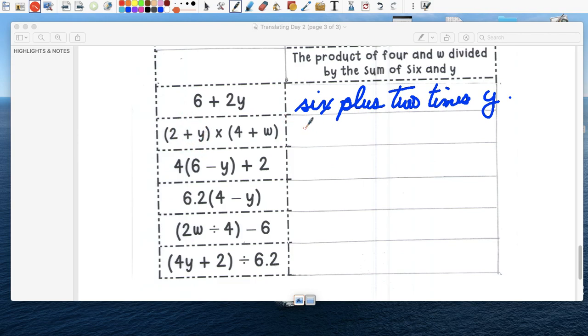So we're going to call it the sum of 2 and y, right?